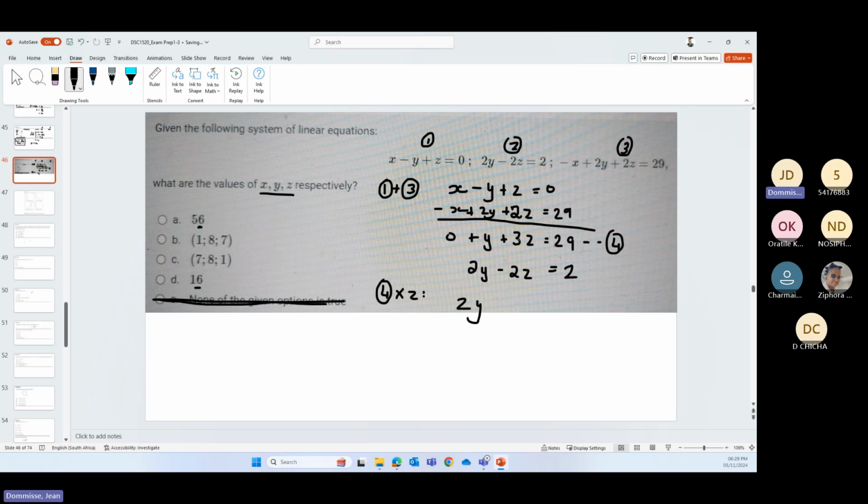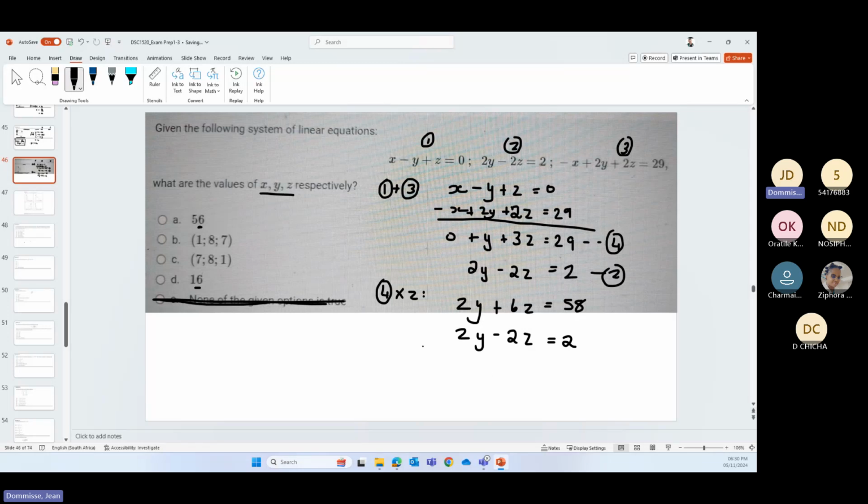Okay, so if I do that, equation 4 times 2, 2 times y is 2y. 2 times 3 is plus 6z. And that is equal to, now that becomes a big number, 58. Then if we just rewrite the bottom component, so we just rewrite that equation 2.